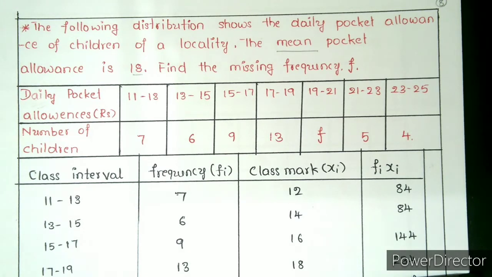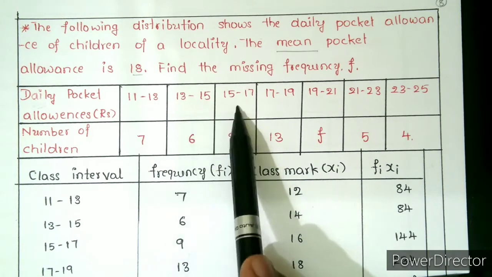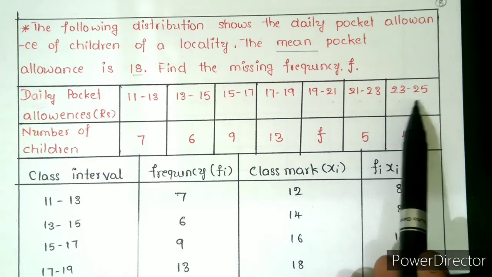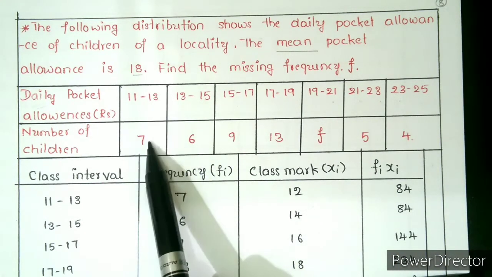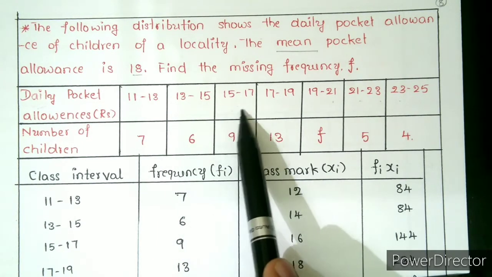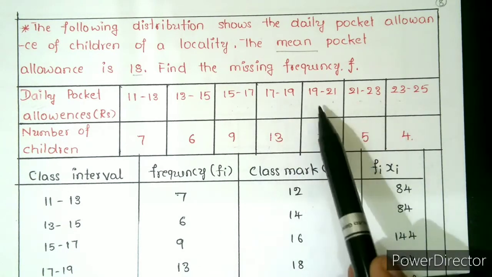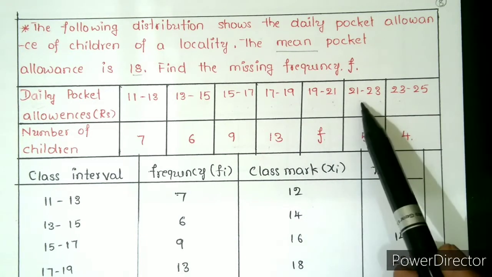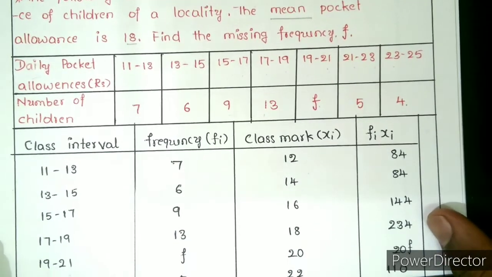So the daily pocket allowances are 11 to 13, 13 to 15, 15 to 17, 17 to 19, 19 to 21, 21 to 23, 23 to 25. So the number of children: 11 to 13 has 7 members, 13 to 15 has 6 members, 15 to 17 you have 9 members, 17 to 19 you have 13 members. 19 to 21 is not given and they denote it by frequency f. 21 to 23 has 5, and 23 to 25 you have 4.